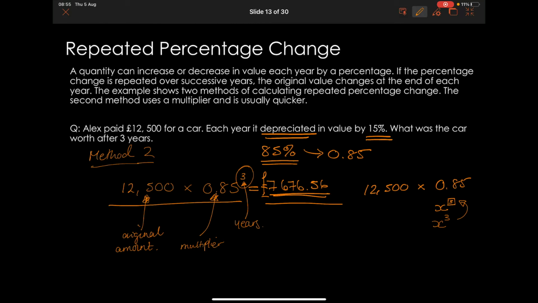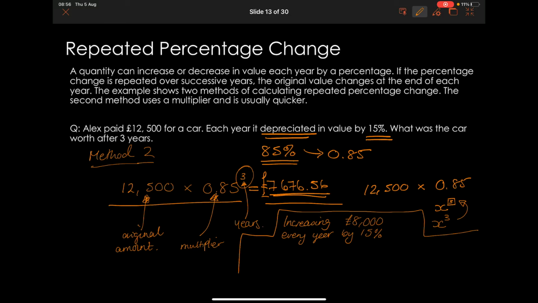Okay, now, I just need to quickly point out that if you are increasing, let's say I had a bank account, if you like, and my bank account had £8,000 in it, and it increased every year by, let's say 15%, that will never happen.